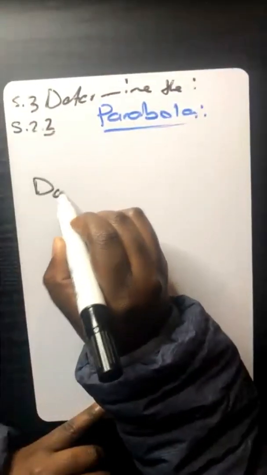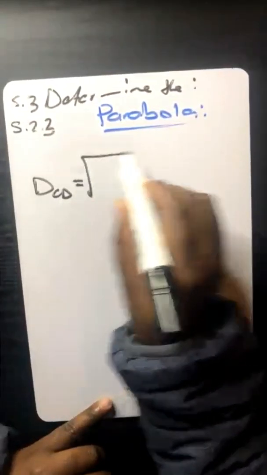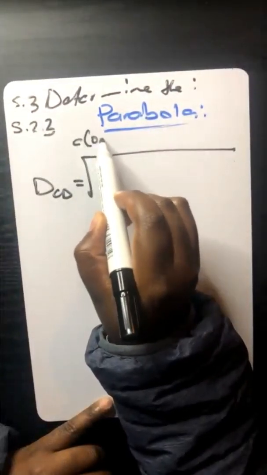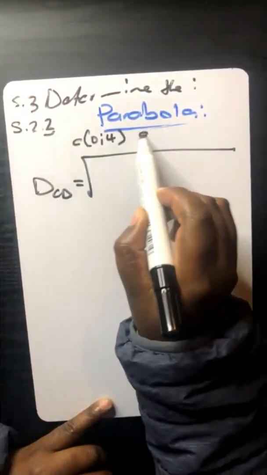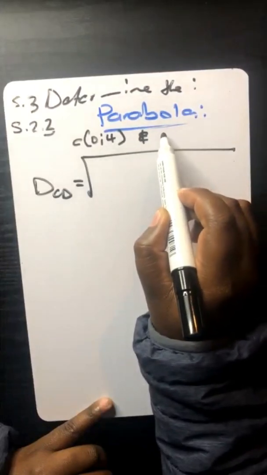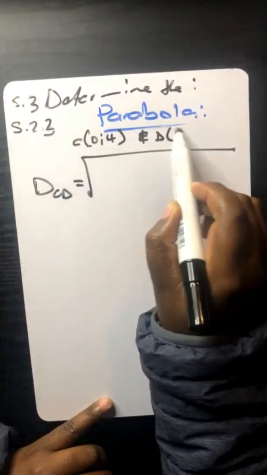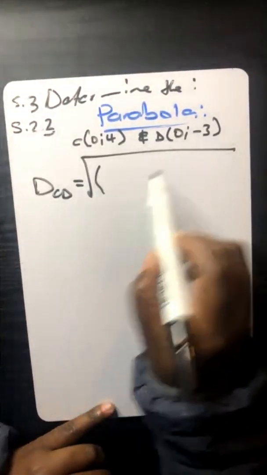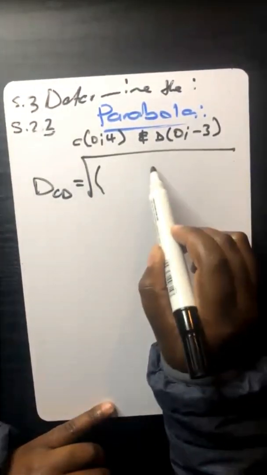The distance of CD is equal to the square root of what? So let's see. C is that and that. And what about D? D is 0 and negative 3. So she's saying we substitute into the distance formula.